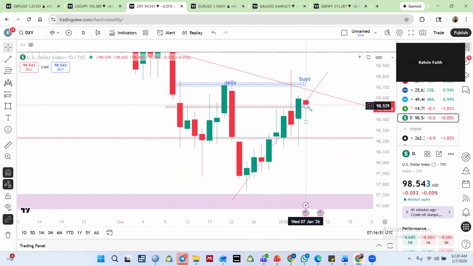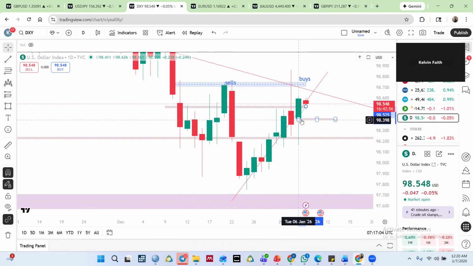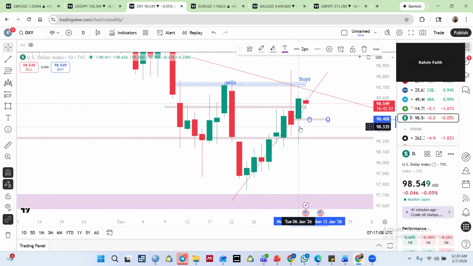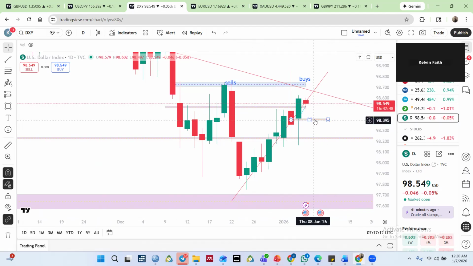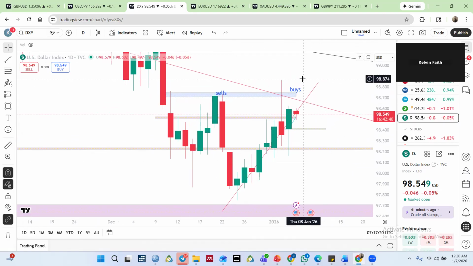But I need today's candle to close by engulfing at least up to the body of yesterday's candle. If that happens, up to the opening of yesterday's candle, then I'll be very, very, very convinced that this market is more likely going to drop than continue to push up.